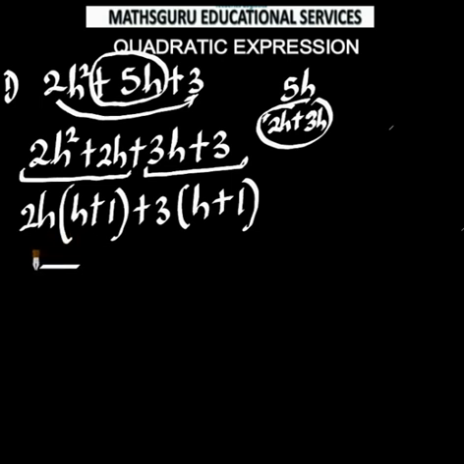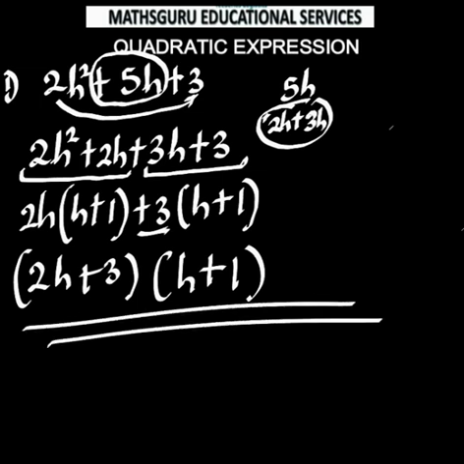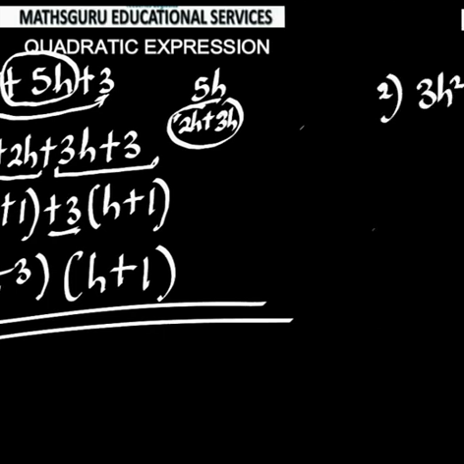So we are going to have 2h plus 3, and then h plus 1. By so doing, we have finished this question. We have answered the question correctly. Let's move to question number 2.